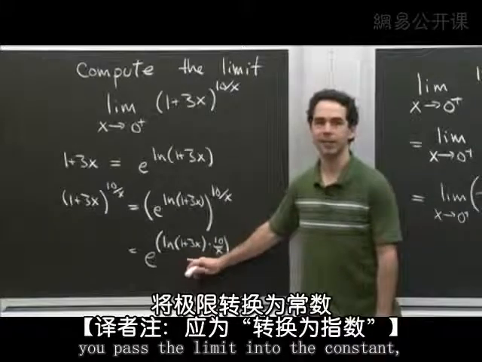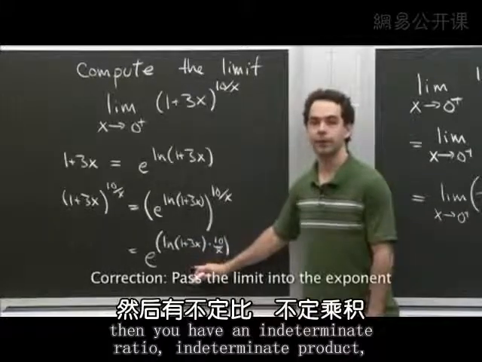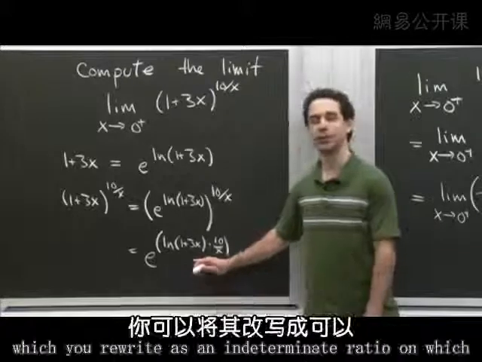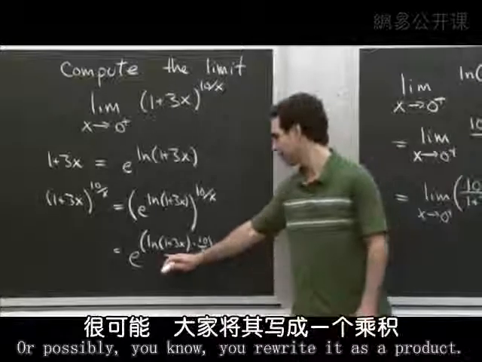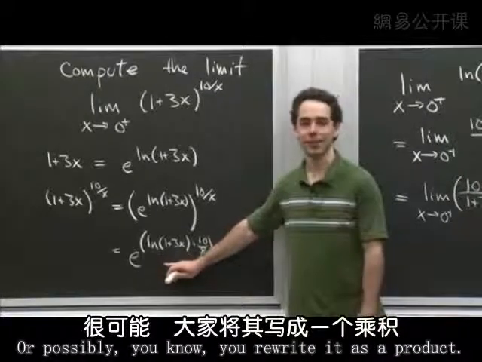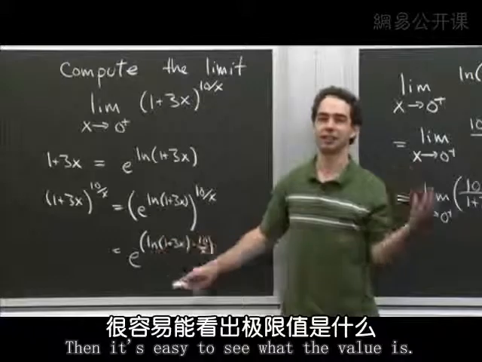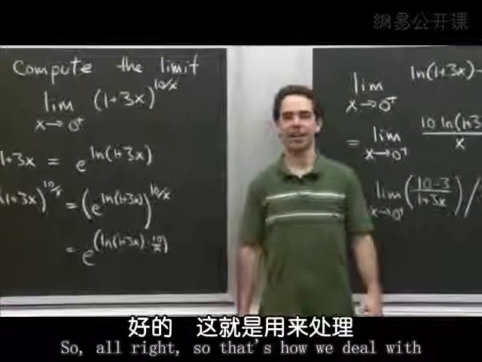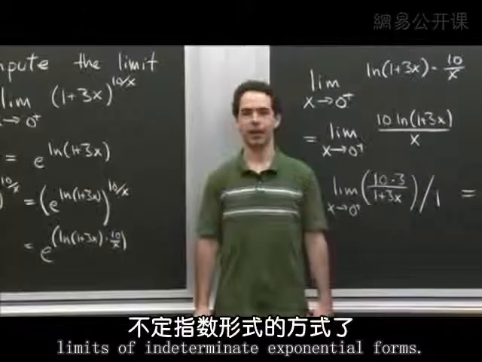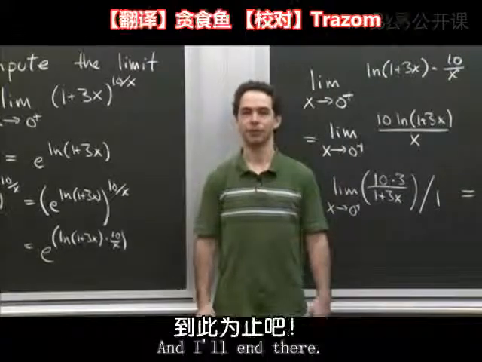You pass the limit into the exponent, then you have an indeterminate product, which you rewrite as an indeterminate ratio, on which you can then apply L'Hopital's rule. Or possibly you rewrite it as a product, and it's easy to see what the value is. So that's how we deal with limits of indeterminate exponential forms, and I'll end there.